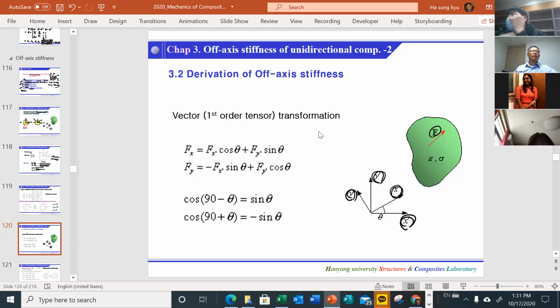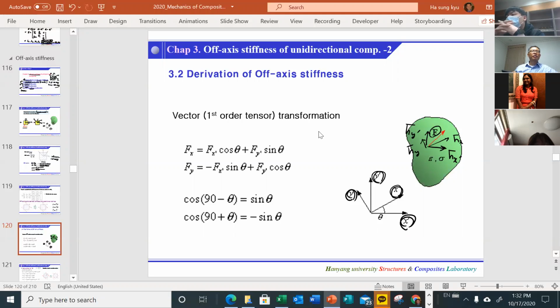But the quantity should not change. The only change is in the components depending on the coordinate system. If we use x prime and y prime, this much will be fx prime and this will be fy prime. If we use xy, this much will be fx and this much will be fy.